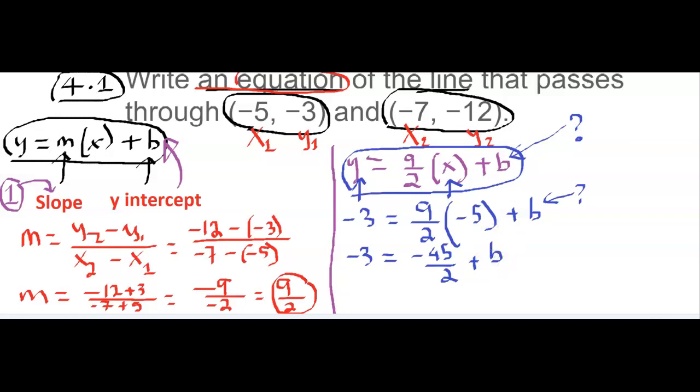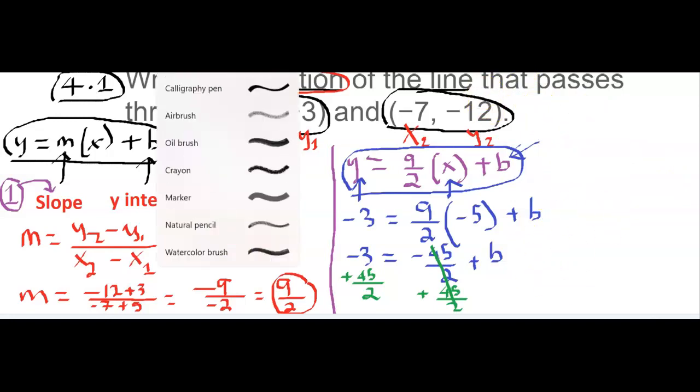Now to get b by itself, I need to isolate the b, so I'm going to use inverse operation. I'm going to get rid of -45/2 by adding positive 45/2 so that I can cancel out these terms, and I'm going to do the same thing on the other side, adding 45/2.